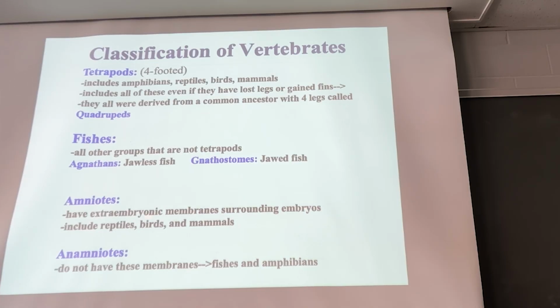Reptiles, birds, and mammals are amniotes. Amphibians and fish are anamniotes, which means they don't surround their embryos with membranes. They surround their embryos with jelly, with glycoproteins basically, that form a kind of buffer between the embryo and the environment. So it's another way we can classify them. I use a lot of these names interchangeably. Okay, questions?